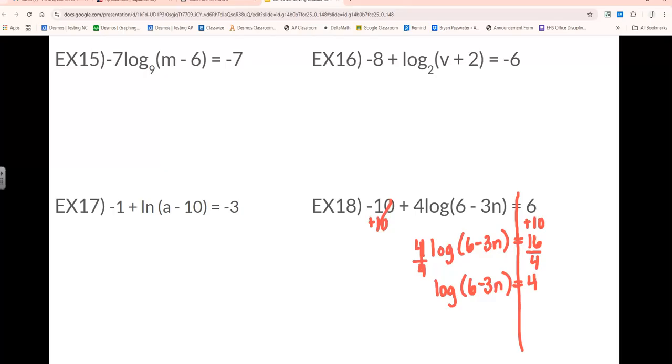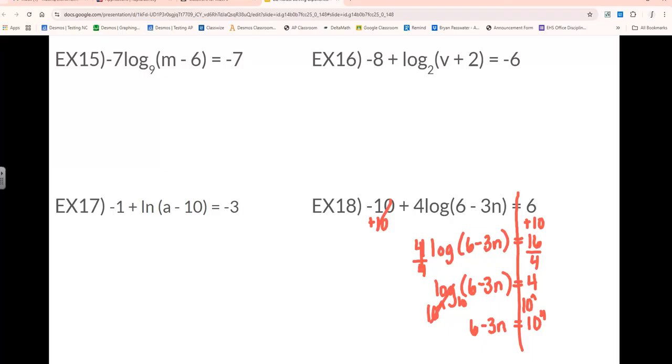So both of those steps are just like regular solving equations. Now I've got to where I got to get rid of the log. Richard, this log does not have a base. So what is the base of this log? It is 10. And how do I get rid of a log with a base of 10? To the power of 10. So 10 to the power here and 10 to the power here. So I got 6 minus 3n equals 10 to the 4th.